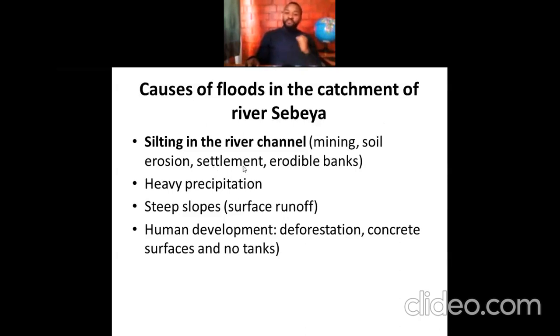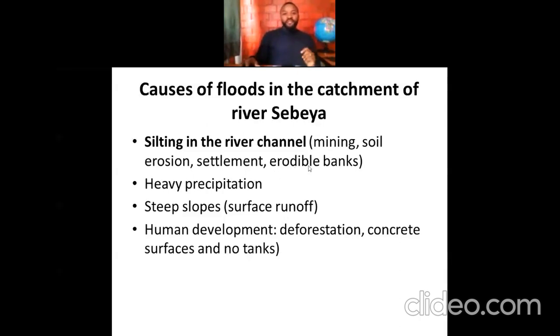And most importantly, the problem with the settlements is because they don't have a way of harvesting rainwater, like using tanks, so they just let water flow off the roofs and downslope, eroding the soils and accumulating those soils in the river channel.